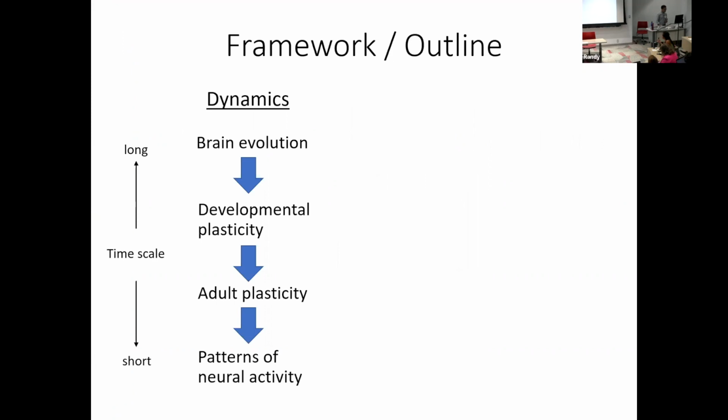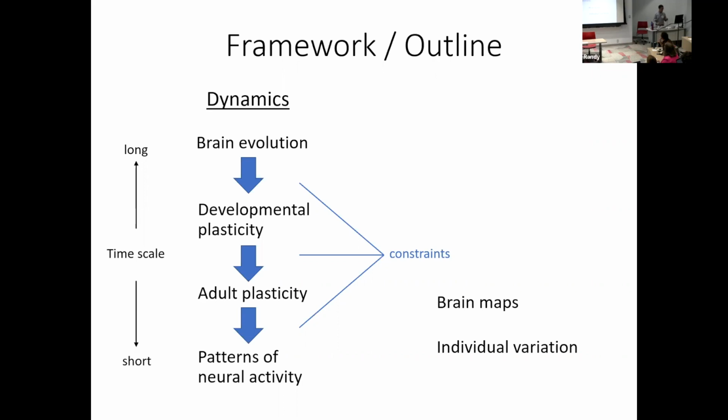These are arranged from long to shorter timescales, and in this framework I'm introducing, each one is constraining the one below it. Also, in the context of this framework, I'm going to be talking about brain maps and individual variation. I hope a lot of this is going to be familiar to you, but my point is the framework and how things are related.